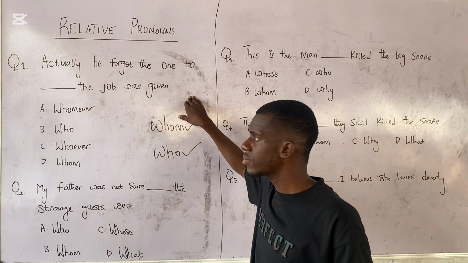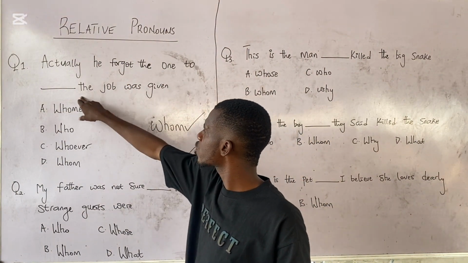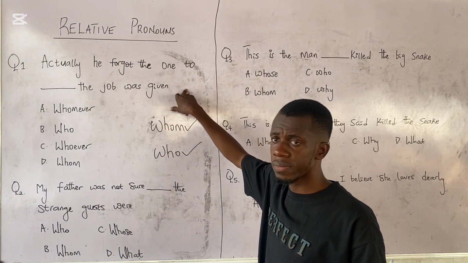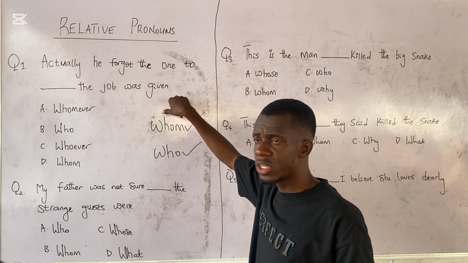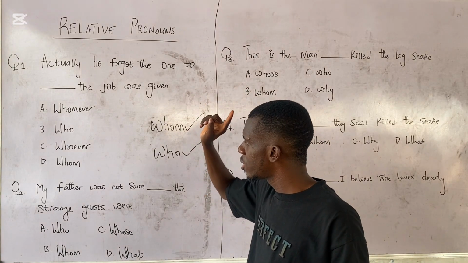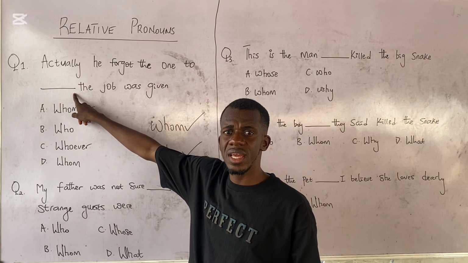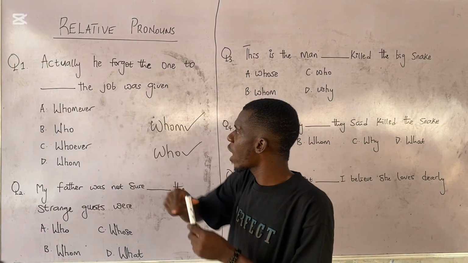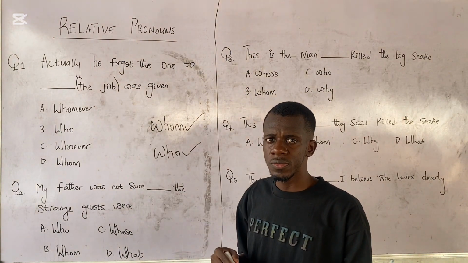Question one. Actually, he forgot the one to dash the job was given. So what I have to do first is to check for the word that is directly after my gap. So right here, I will find this expression, the job.